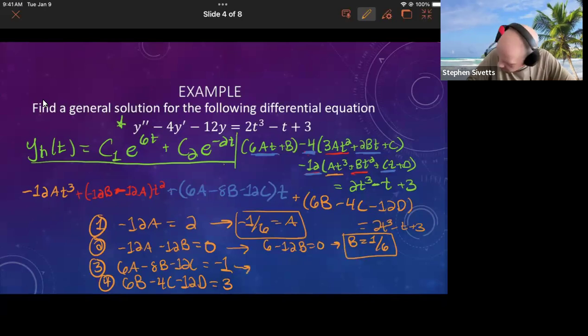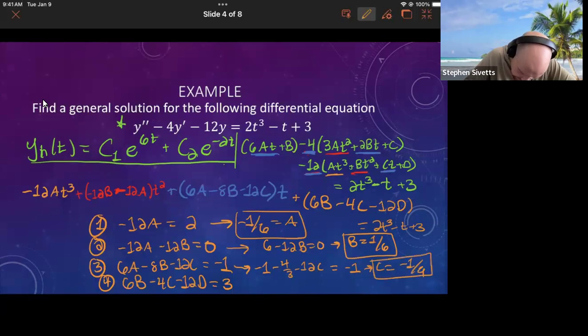By equation 3, we know that a is -1/6 and b is 1/6, so we'll have -1 minus 4/3 minus 12c is equal to -1. So we'll have that c is equal to -1/9. And then by the fourth equation, you should get that d is equal to -5/27.